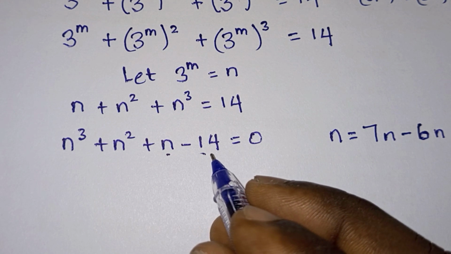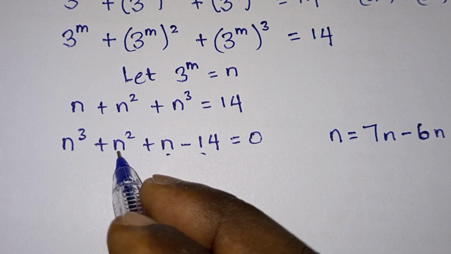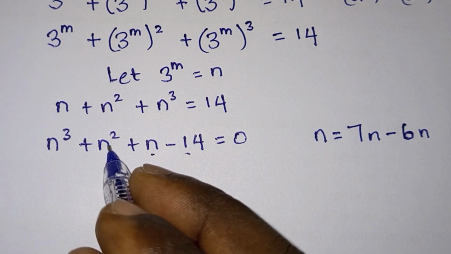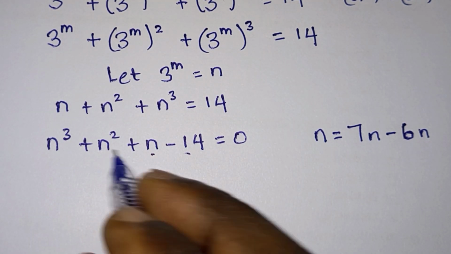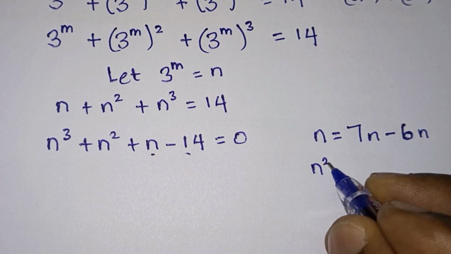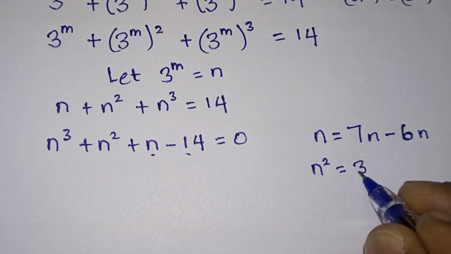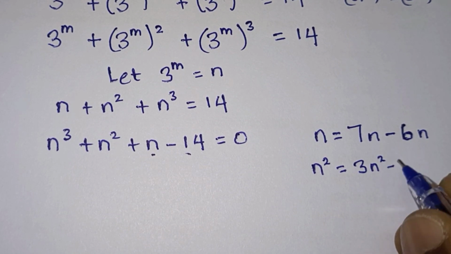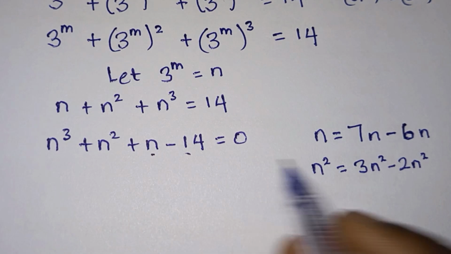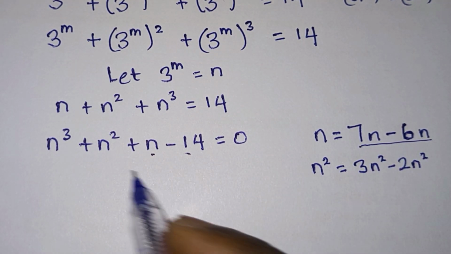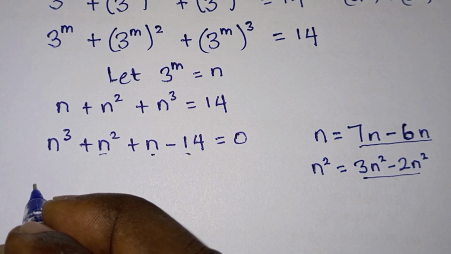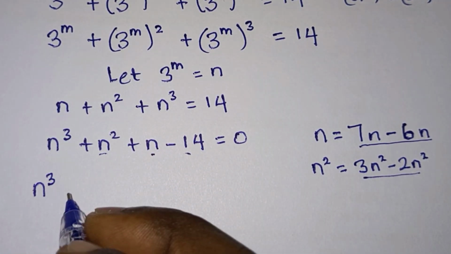Now, as soon as we do this, we need to also consider this n to the second power as well. We must also write this n squared in such a way that it can divide what is here, right? So we're going to write n squared also as 3n squared minus 2n squared. So in place of this n, I'm going to replace it with this one, then this, I'm going to replace it with this one. So we have n to the third power.